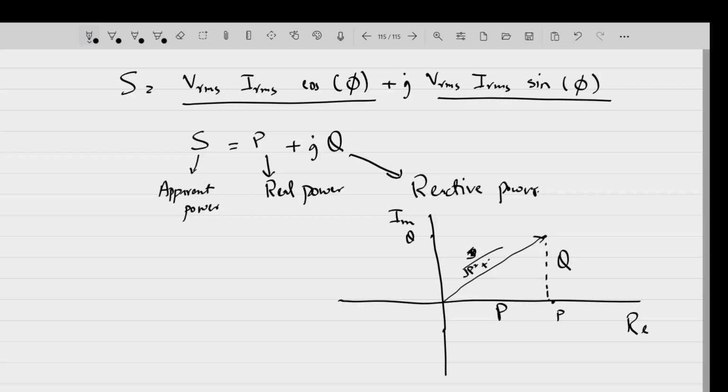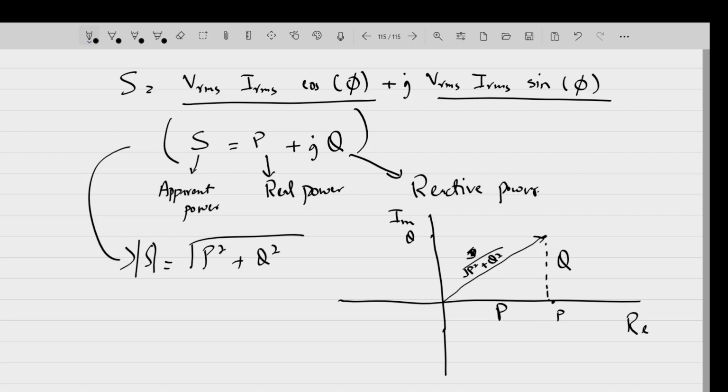Under root of P square plus Q square. S is a complex number, so its magnitude is given by under root of P square plus Q square. And if we want to find the phase, the angle of this quantity, it will be given by tan inverse of Q divided by P. So this angle here is tan inverse of Q divided by P.